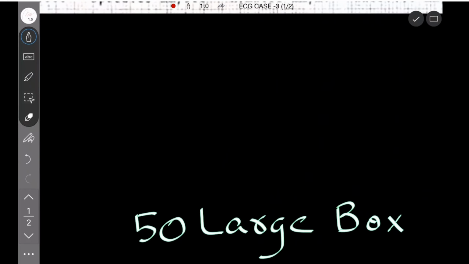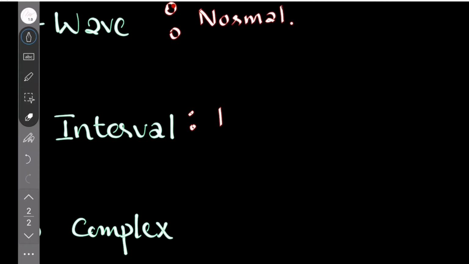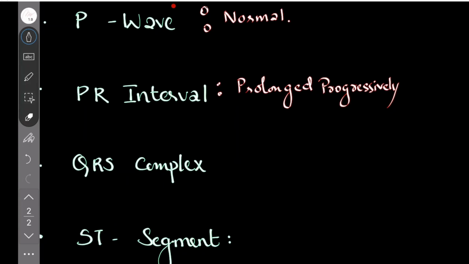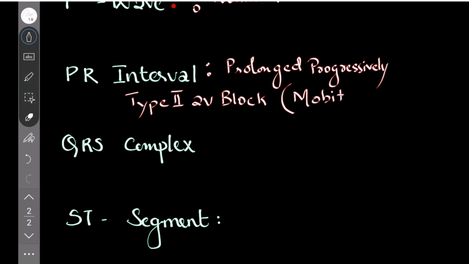So what we can conclude is that the PR interval prolonged progressively, and there is a skipping of a beat, which means that it is a second-degree AV block, Mobitz type 1, called the Wenckebach phenomenon.